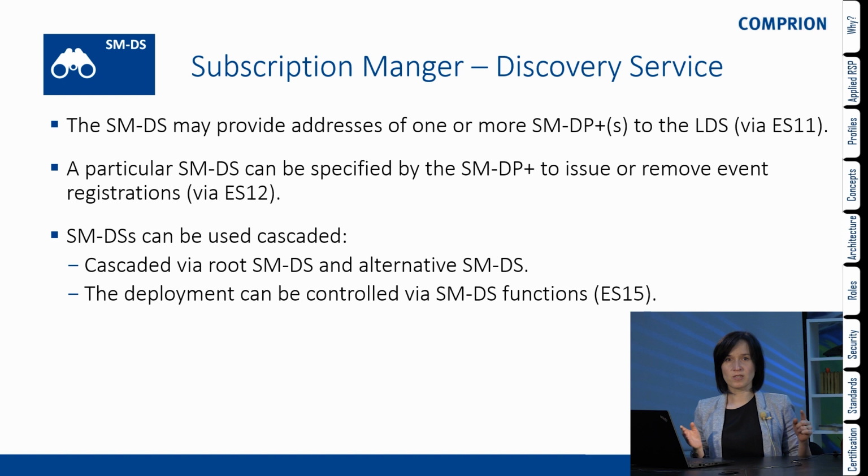First of all, asking the root SMDS for the right address, then your request will be delivered to the alternative SMDS, and then it goes to the several alternative SMDSs, and finally it reaches the SMDP plus and gets the address. Yes, and the deployment can be controlled using SMDS functions on the ES15 interface. Okay, this is the part on the SMDS discovery service.